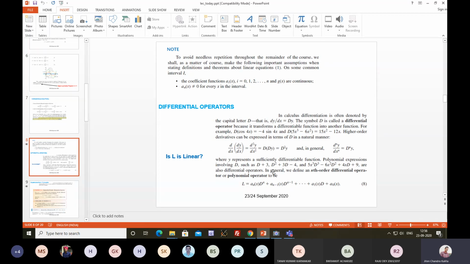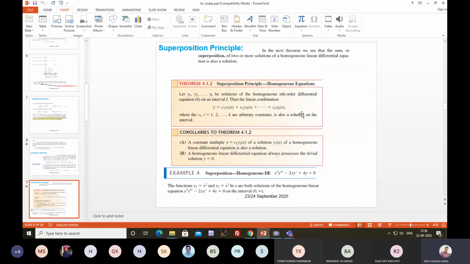If they are not constants, they are going to be functions of x, the way we have taken equation 1 in our original nth order linear differential equation. If I define the operator as the expression in equation A, you can easily verify that L is a linear operator. Is it okay with everybody? Fine?